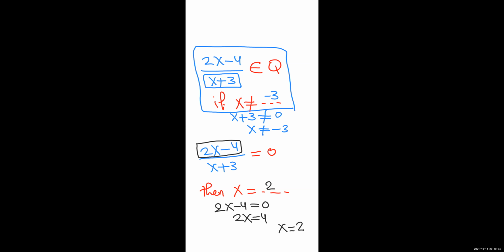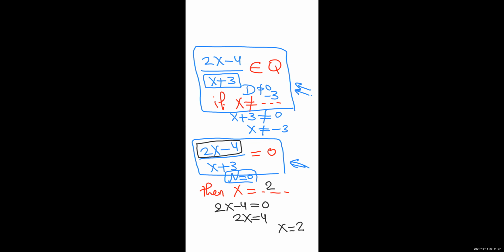Guys, I'm being very clear. I said that if the question is in this form, or if the question is in this form, that's how you can differentiate between the two questions. The first one belongs to Q, so if x is not equal, then the denominator is not equal to 0. But if the number is equal to 0, then the numerator equals 0.